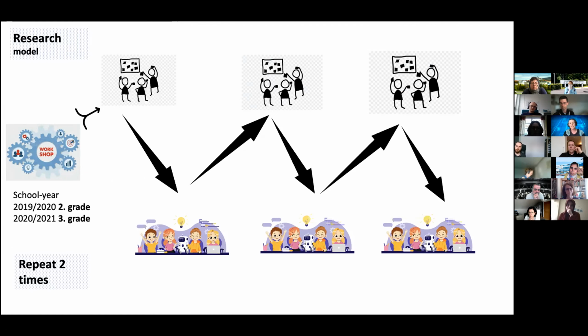And after that, they are teaching and using it in the teaching, trying ideas out and working with technology, robots, and so on with the students. And then they go back and discuss how it was showing and how it was figured out in the teaching, what problems and contradictions maybe showed up.